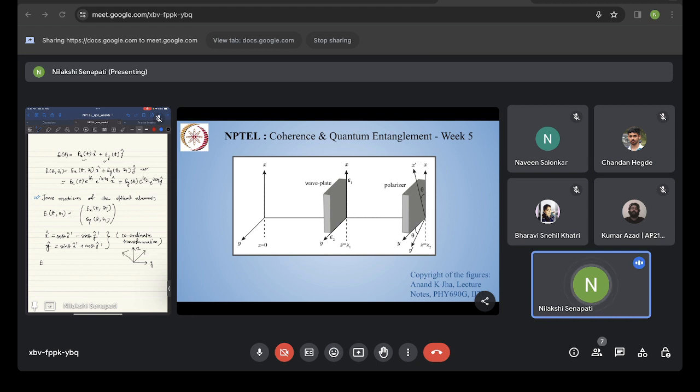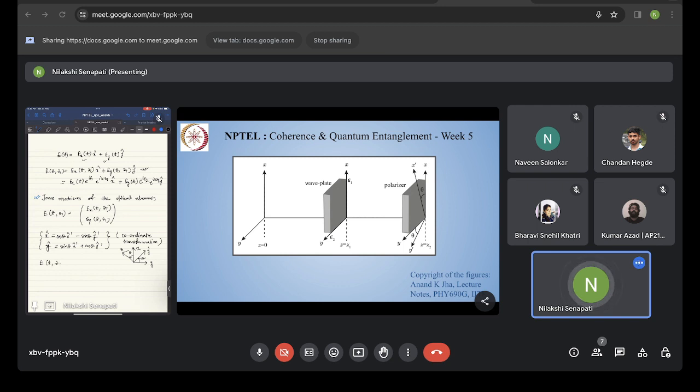Now it is moving through y dash and x dash, rotated by theta. Then what will be x and y in terms of x dash and y dash, or vice versa, what will be x dash and y dash in terms of x and y, that you can write like these two equations.